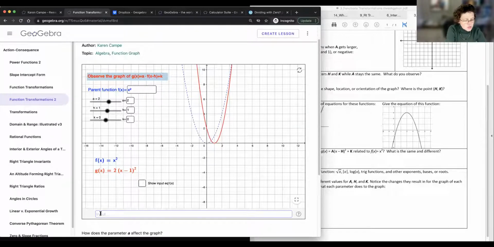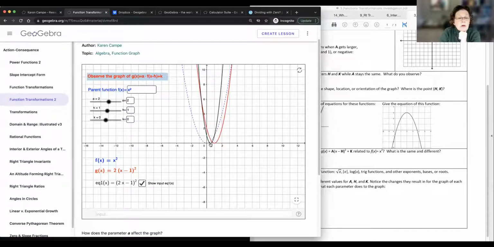So what you have to do here is input EQ1 of x equals (2x minus 1) squared. And nothing's going to happen until you check off this checkbox. And we can see that these graphs are completely different.